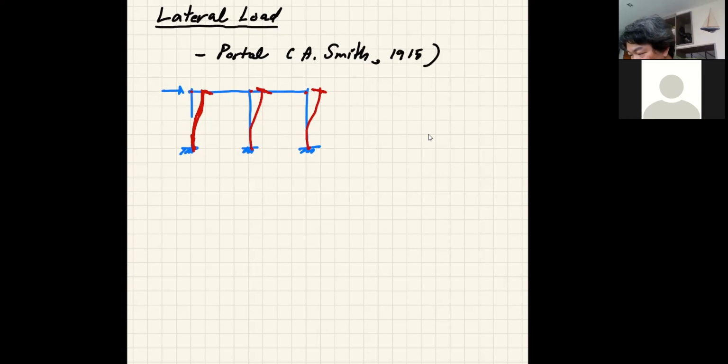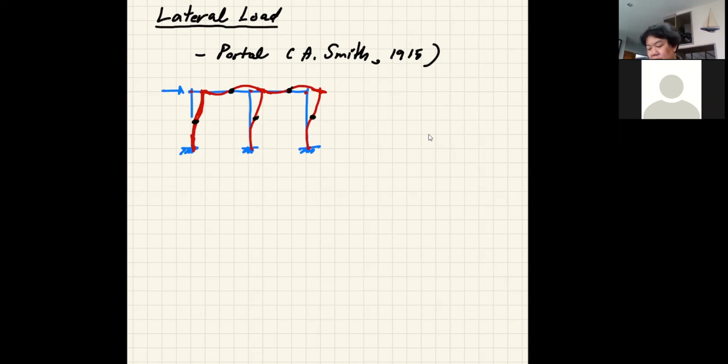So this member should go like this. And then this member should go like this. And so this should be confirmed by your bending moment diagram. Okay, so that means we can assume that the hinge should be somewhere in the middle. Here, here, here, here, and here.